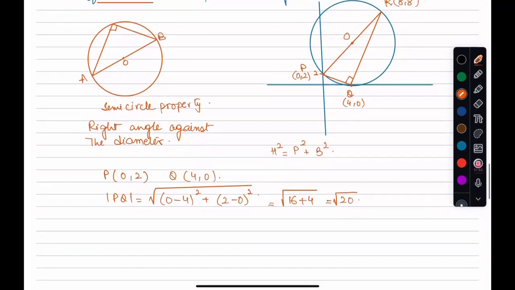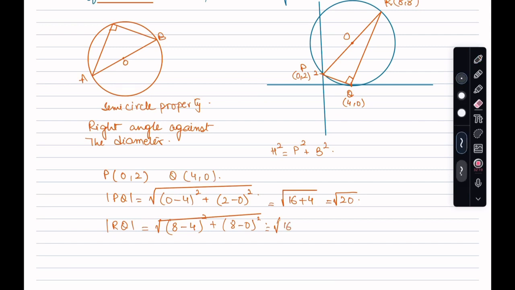In the same manner, find RQ. R has coordinates 8, 8 and Q has x coordinate 4, so it's (8 minus 4) squared plus (8 minus 0) squared. So it's 8 minus 4, which is 4, and 4 squared gives me 16, plus 64 here.